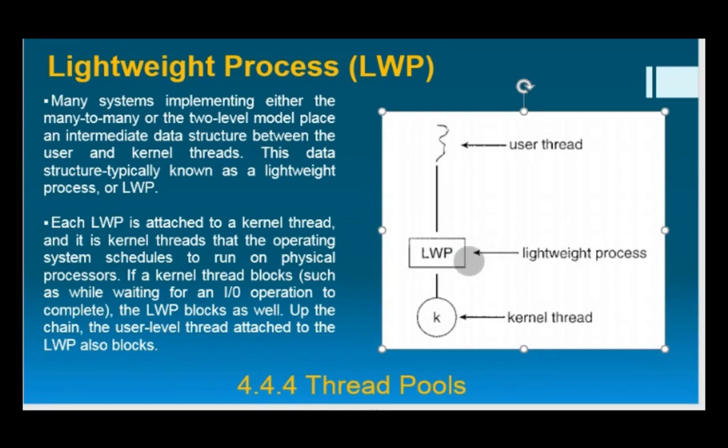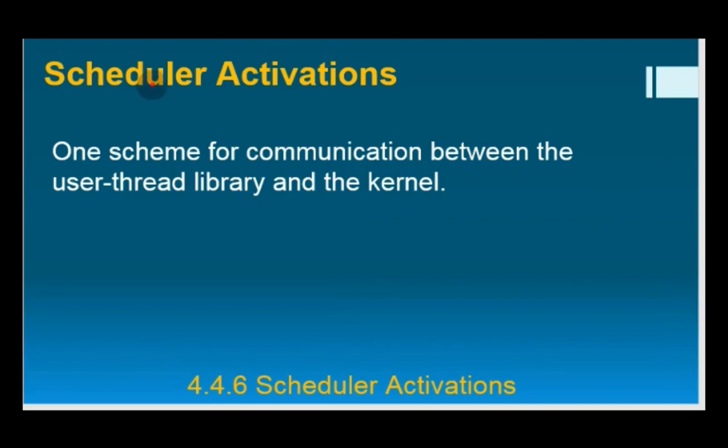Each LWP is attached to a kernel thread, and it is kernel threads that the operating system schedules to run on physical processors. If a kernel thread blocks, such as while waiting for an I/O operation to complete, the LWP blocks as well. Up the chain, the user-level thread attached to the LWP also blocks.